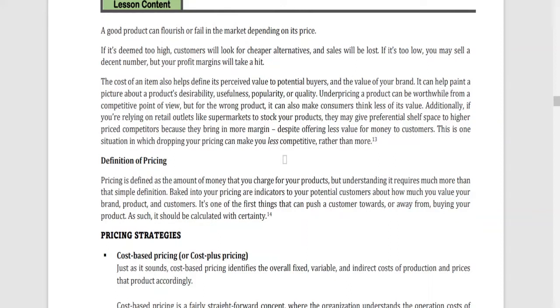So this means that it is not always true that when you lower your price, you would get a better market share or your products would be preferred by the customers. It depends on the place, it depends on the types of customers, it depends on the income that your customers have, their status.